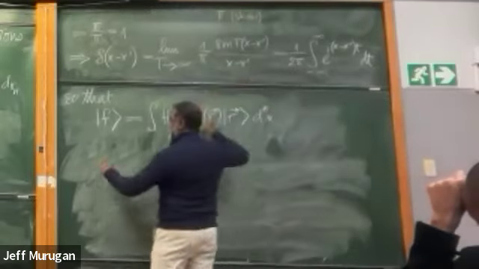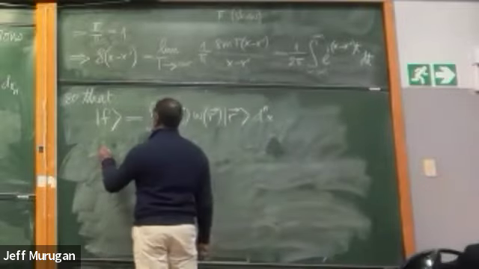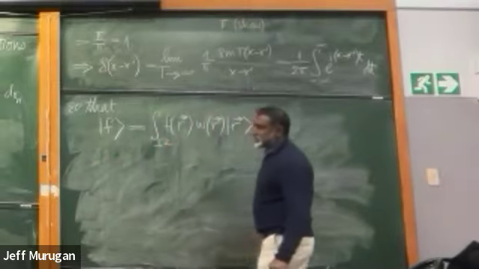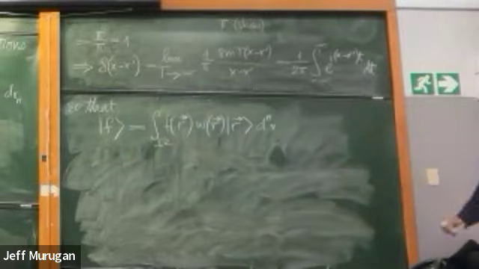The resolution of identity is the statement that, and here the domain of integration I can write as, let's say, some generalized domain omega, which when I specify what the exact problem is, I can tell you what that omega is.